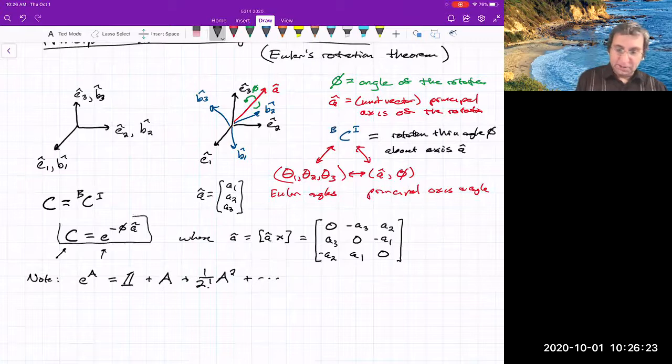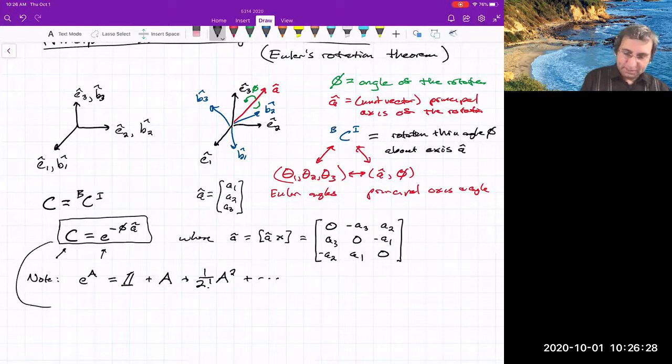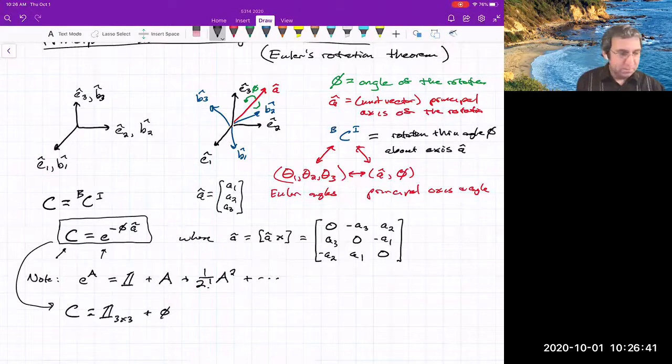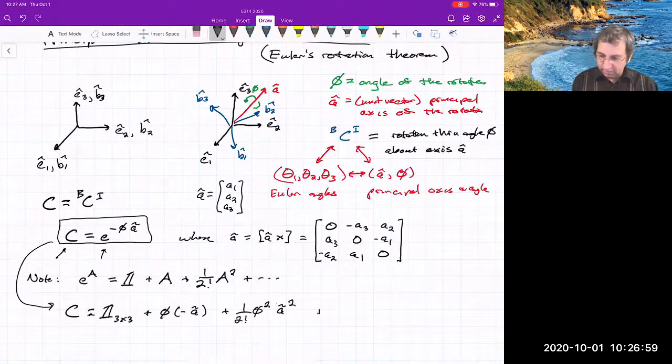This is the relationship written in its most elegant form, but let's work it out. Taking that matrix exponential, this is going to be the 3x3 unit matrix plus the angle phi times negative a tilde plus 1 over 2 factorial phi squared a tilde squared, and so on.